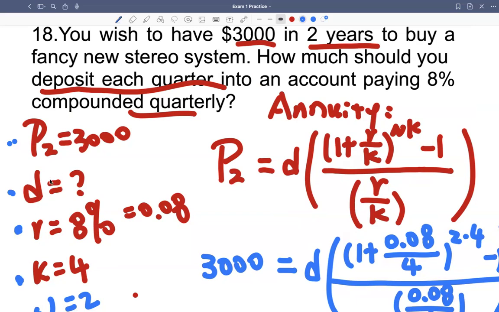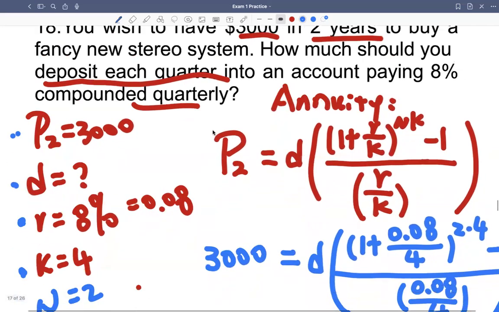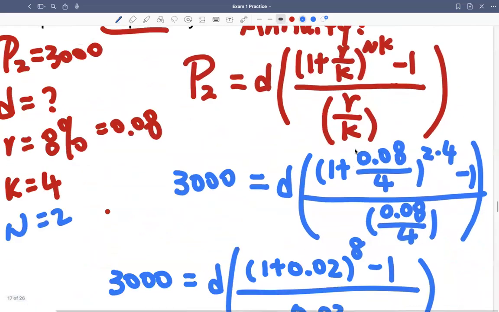And how much to deposit each quarter, we don't know. The interest for the account is 8%, and because it's compounded quarterly, K equals 4. Then we know to use the annuity formula because it's a continuing deposit, since we deposit each quarter. So this tells us we need to use the annuity formula.